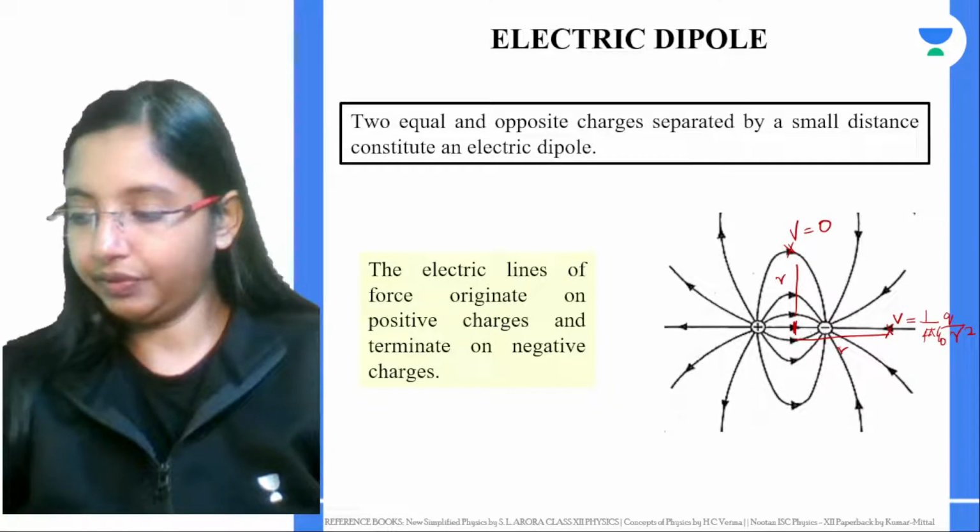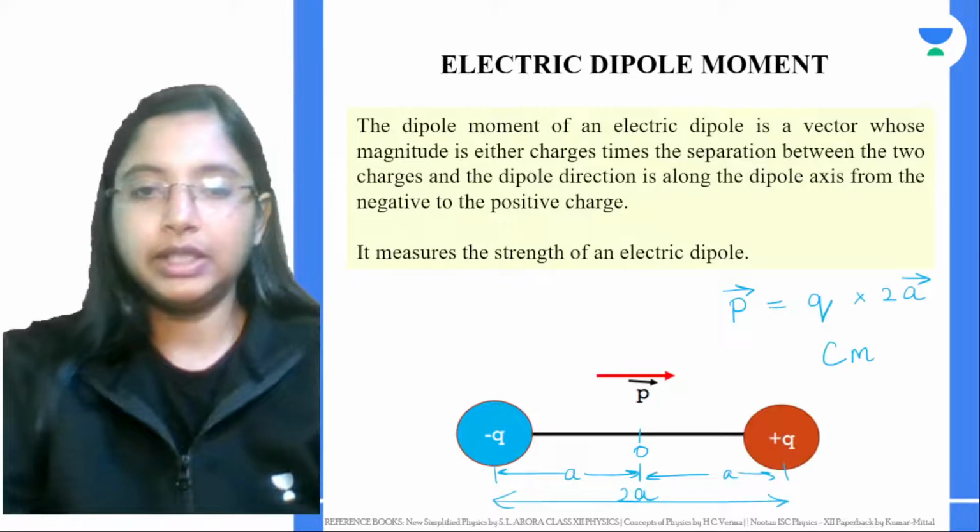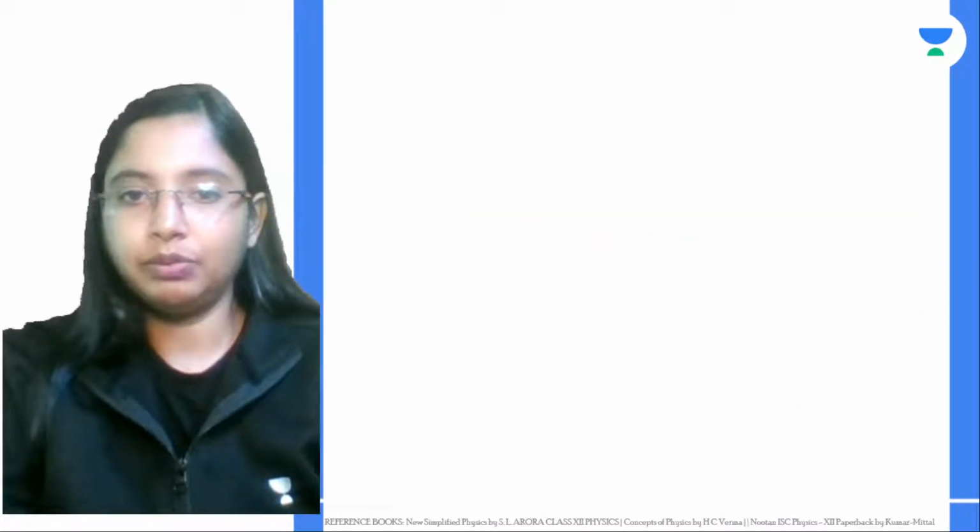So what we will do is calculate the electric potential at some random point.